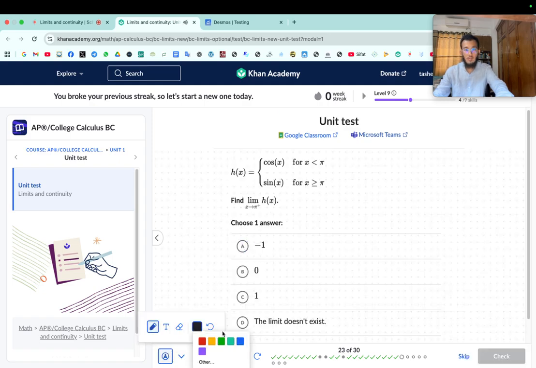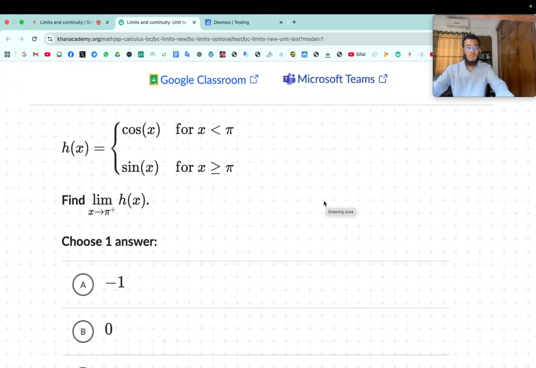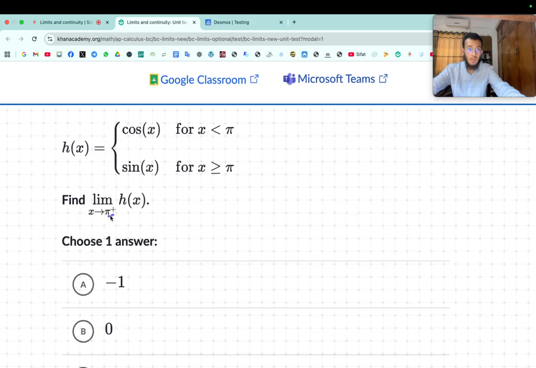Okay, so for this question, we have to find the limit as x tends to pi from the right side. So this is pi, and we know that x is greater than pi, we have sine x.